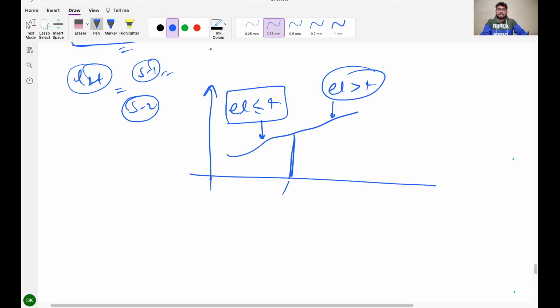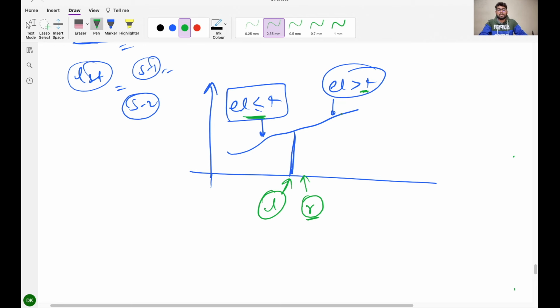So I can easily find out, after processing the array, what would be my L. My L is the last index which satisfy the element is less than equal to 4. And what is my R? R is the element at that index which is just greater than equal to 4. Okay, and what we require is the last element which satisfy the element is equal to 4.